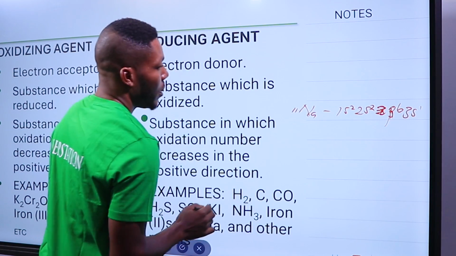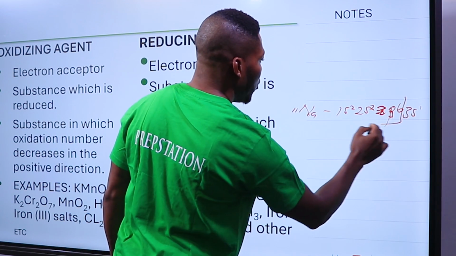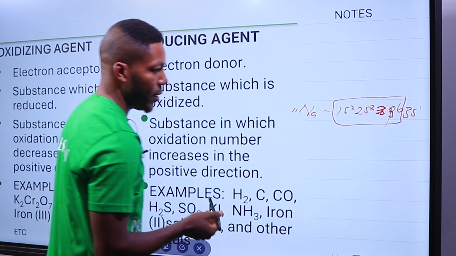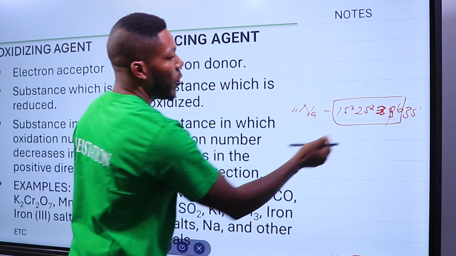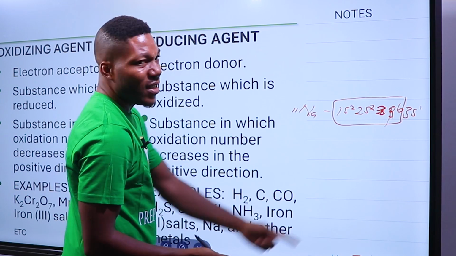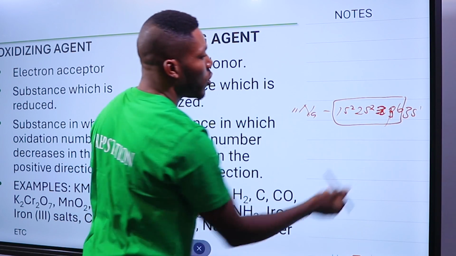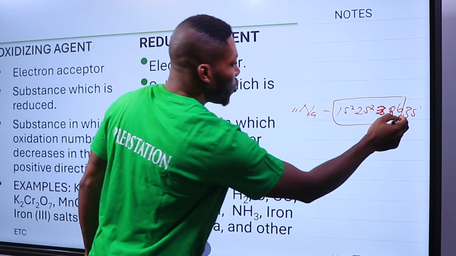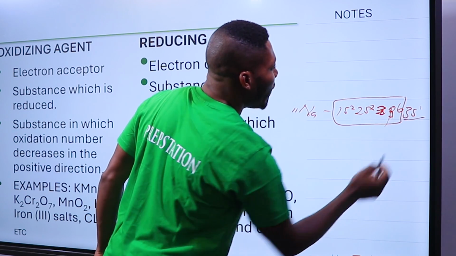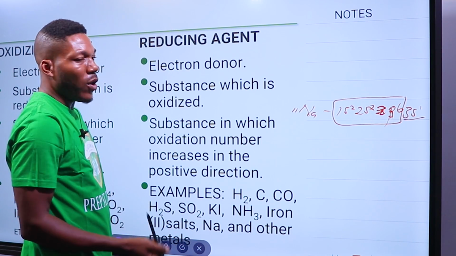Now, this is where sodium gains its stability. 2 plus 2 is 4, 4 plus 2 is 6. Now, this last electron makes sodium uncomfortable. So this is why sodium will let go of the last valence electron and become stable.